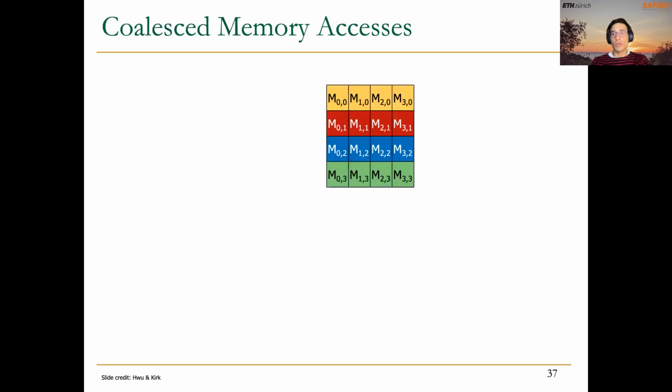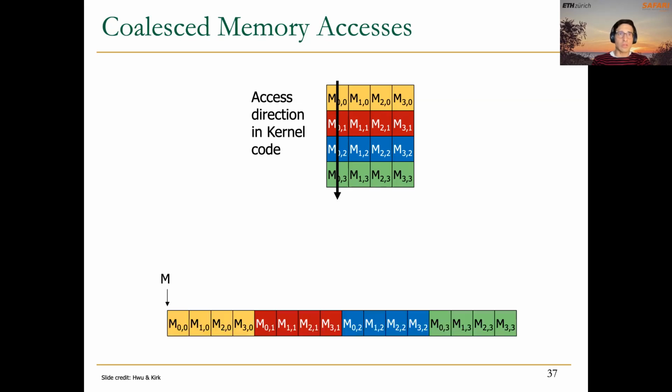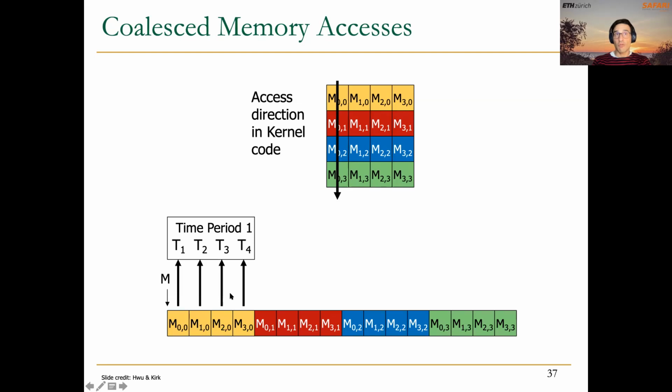However, we could distribute the computation in a way that the access direction in the kernel code is like that, as given by this vertical arrow. And that would mean that in the first time period, the 4 threads are accessing 4 consecutive elements belonging to the yellow row.